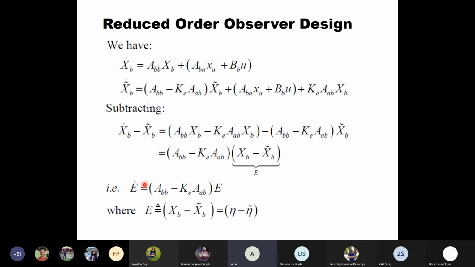Now it is easy for us to find the value of KE by placing the eigenvalues of this matrix in the desired locations.